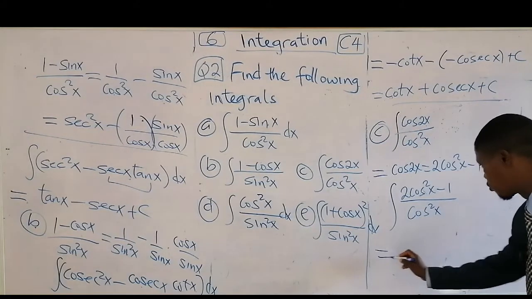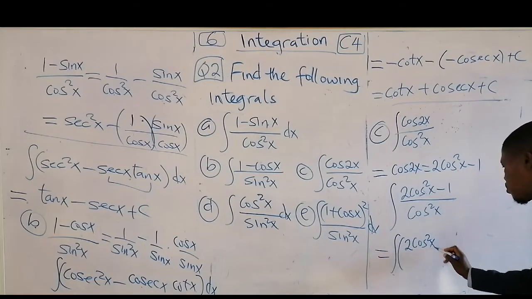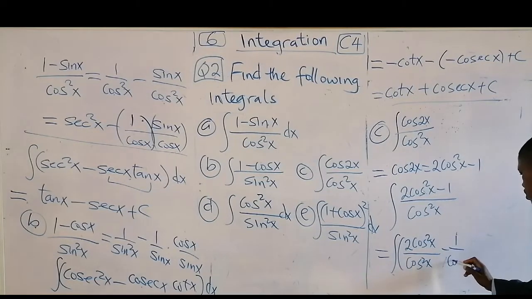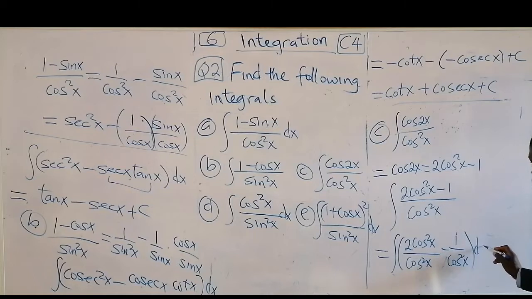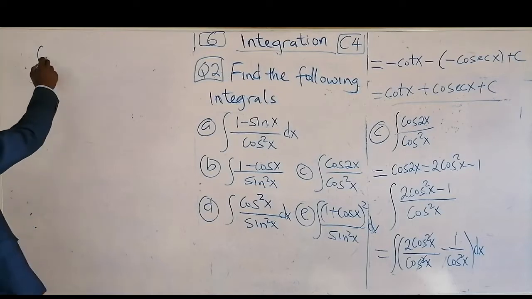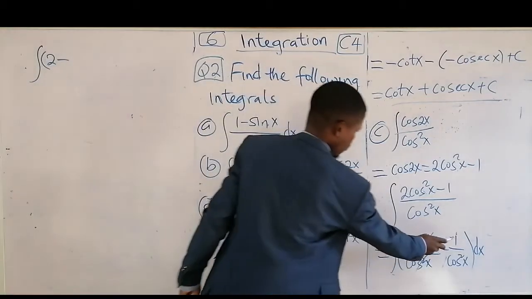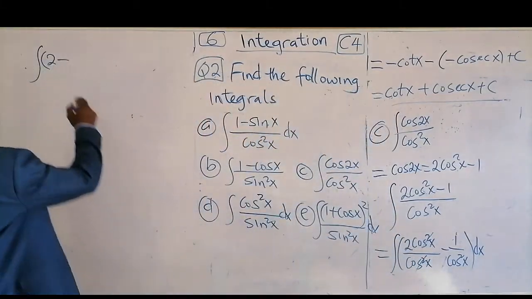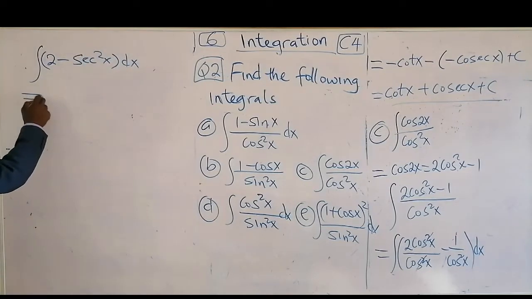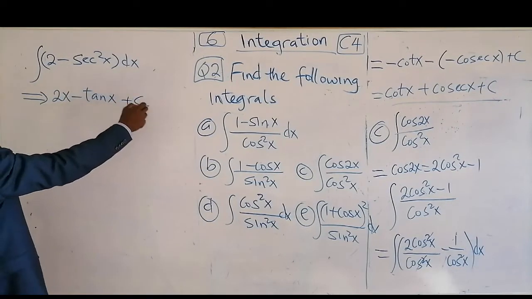That implies the integral of 2 cos square x over cos square x, then minus 1 over cos square x, so we have 2 minus sec square x. On the final answer, that will be 2x minus tan x plus c.